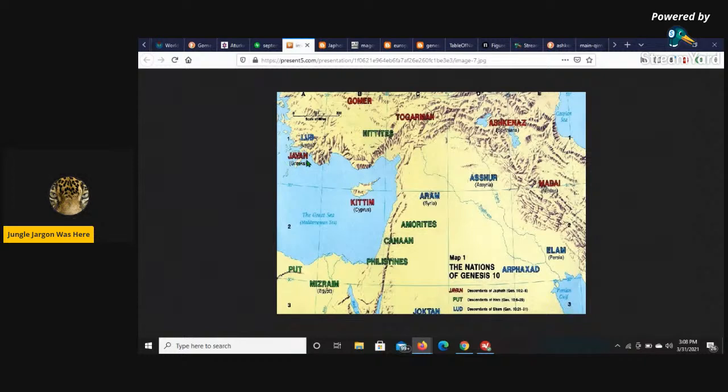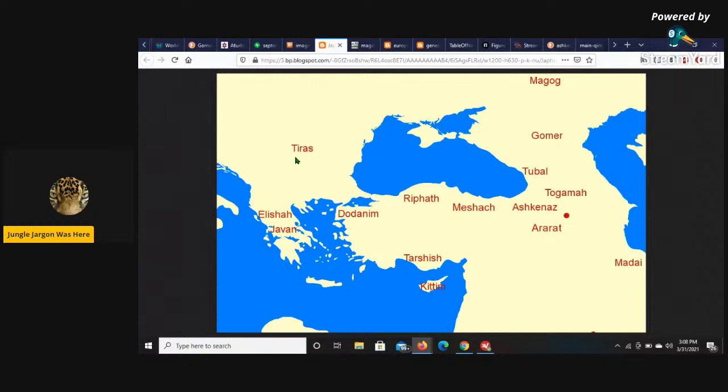So Javan and Tiras are probably the extinct Neanderthals that went up into Europe. Tiras and Javan were in Europe already, and they probably became extinct.